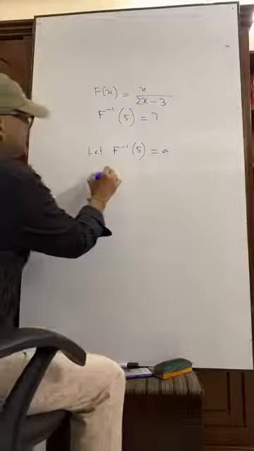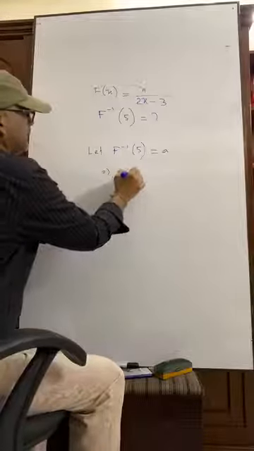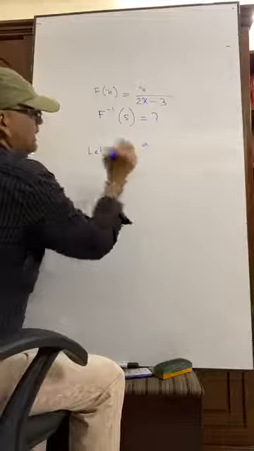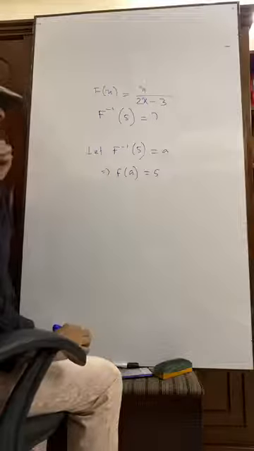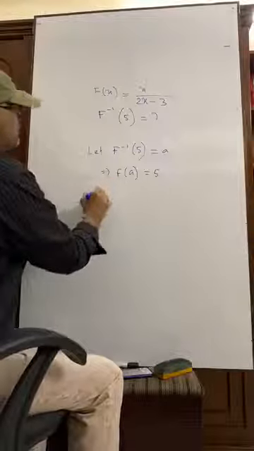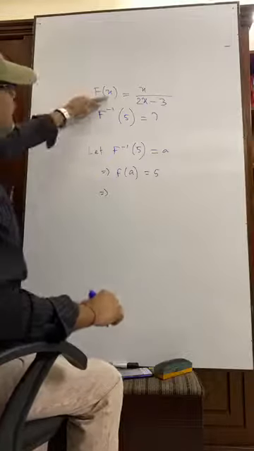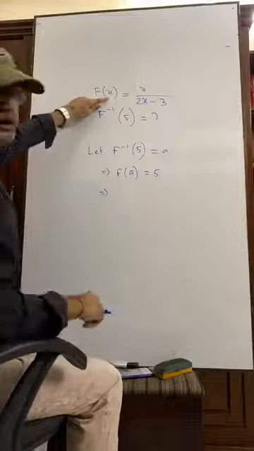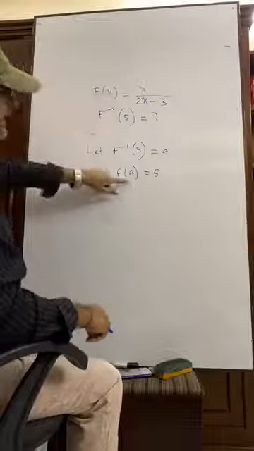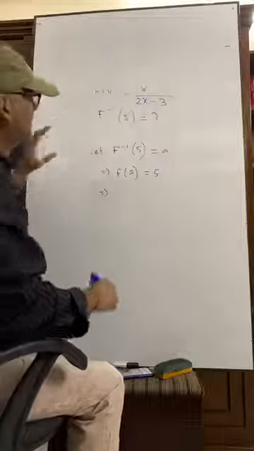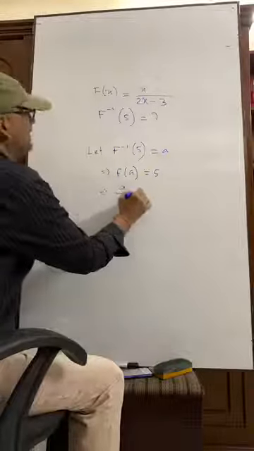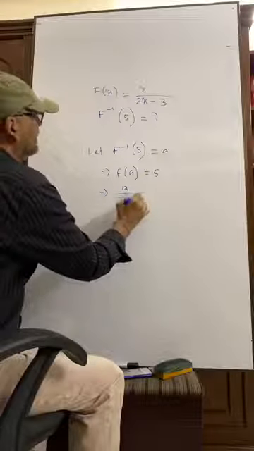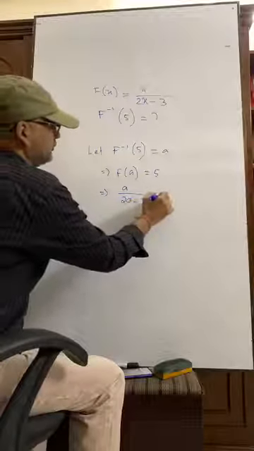What can be written from here? f of a equals 5, right? So this is the function given for x. Now we replace x by a, then we will be left with a by 2a minus 3 equals 5.